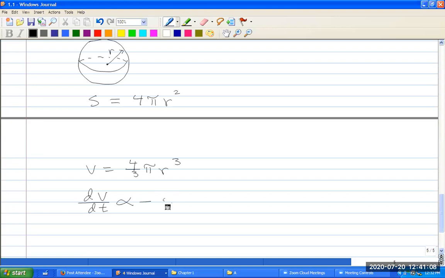Why is it negative? Because it's evaporating, meaning that its volume is getting smaller and smaller. So I want at the end that this has a negative proportionality.